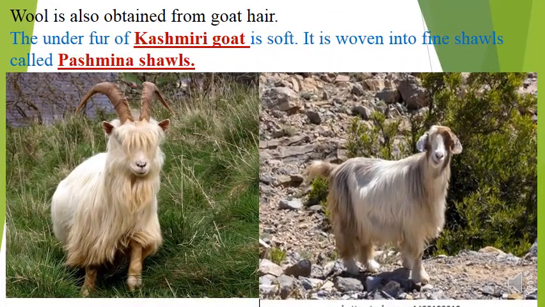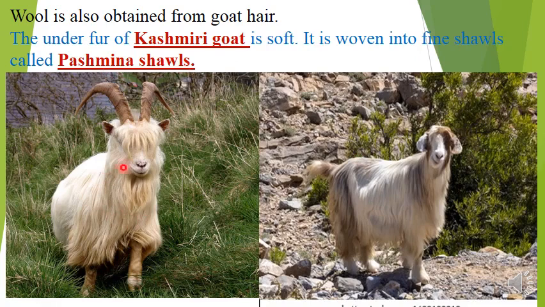Wool is also obtained from goat hair. The underfur of the Kashmiri goat is soft. Just by seeing it you can feel that it is very soft, right? It is woven into fine shawls called pashmina shawls.